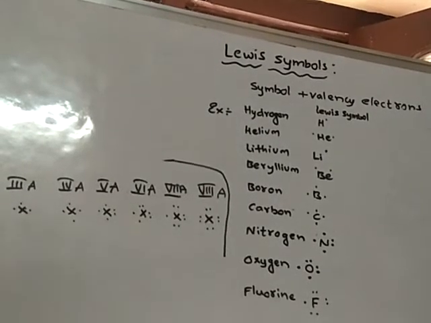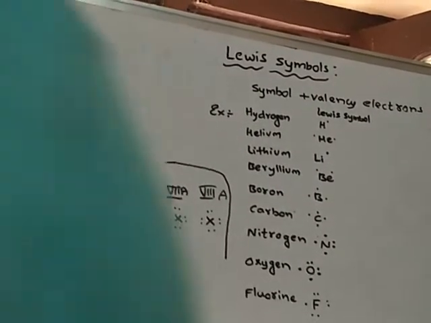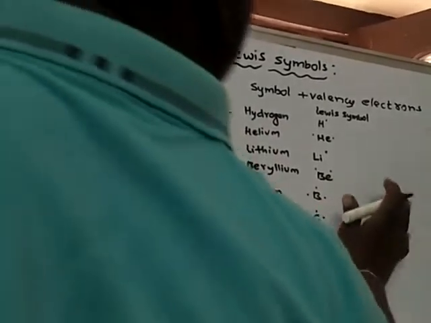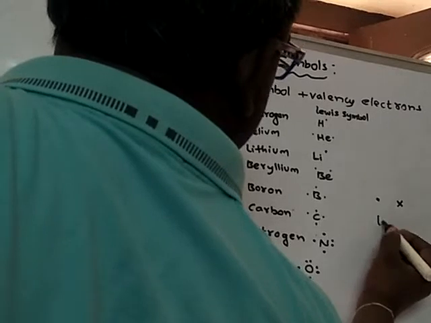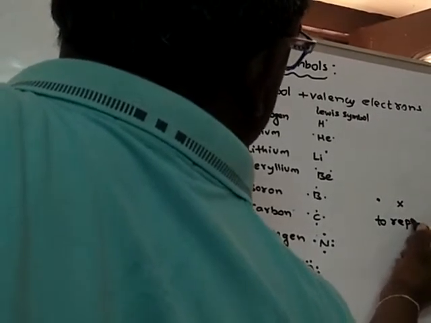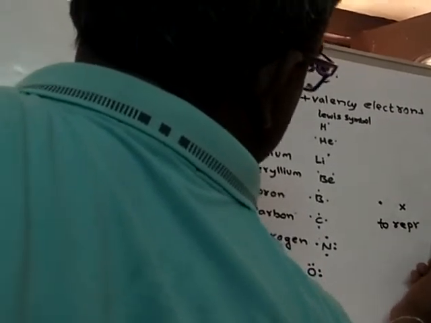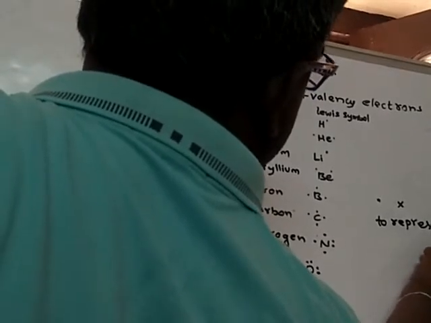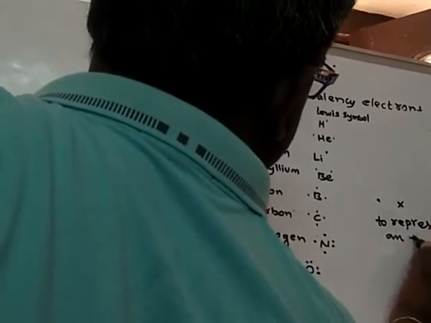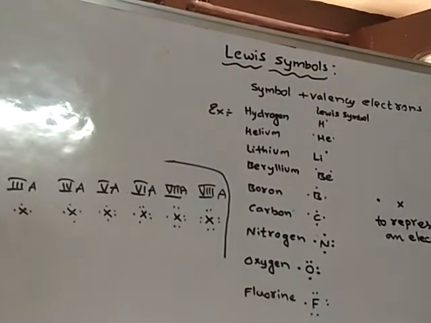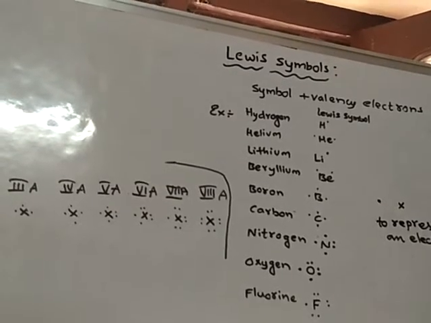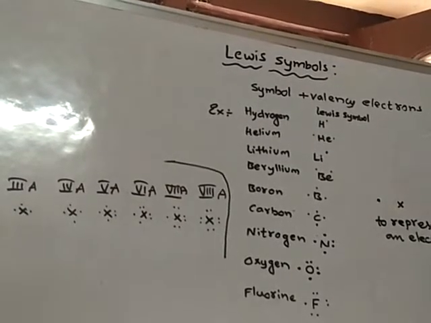In general, while writing Lewis symbols, we use either a dot or a cross to represent an electron. So we write valence electrons in the form of dots, or we may use the cross symbol also. Every cross symbol represents one electron.